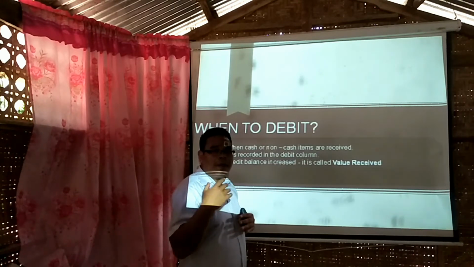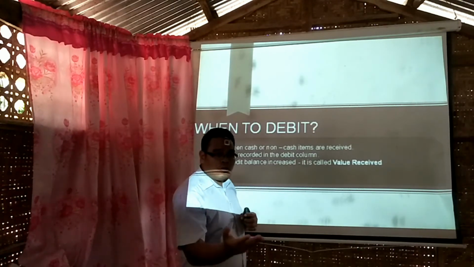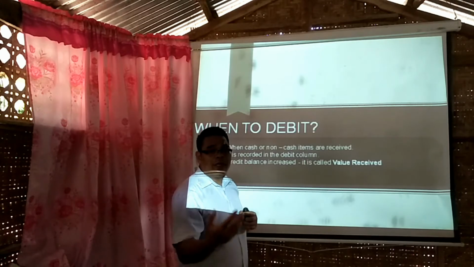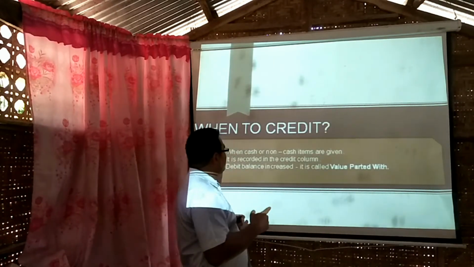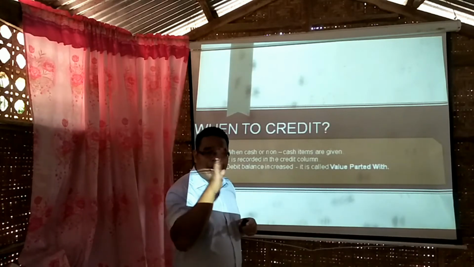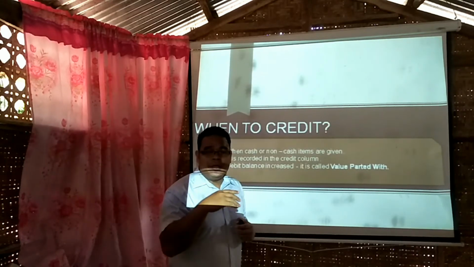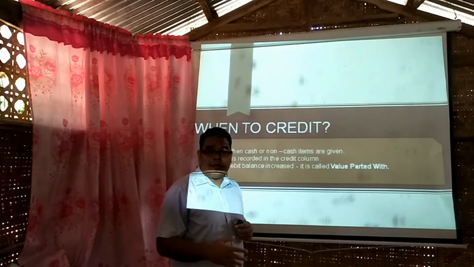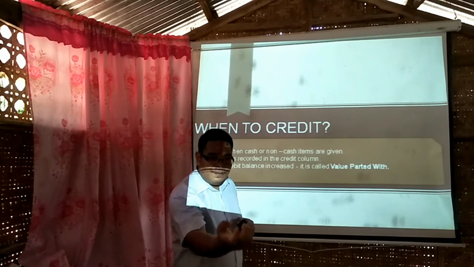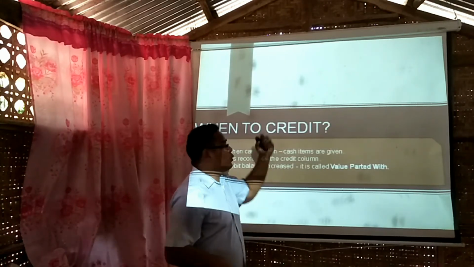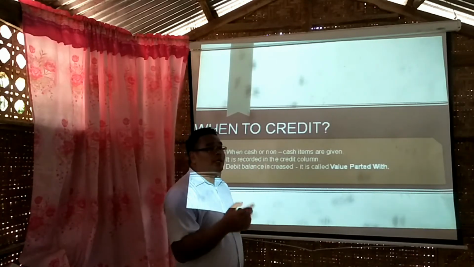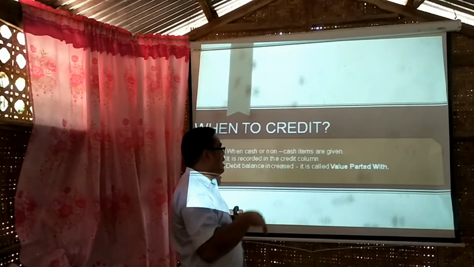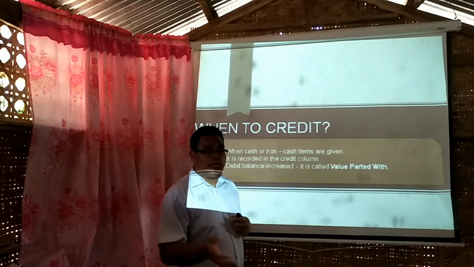If there is something where you need to give out value, it means that it is credit. The value received is what we call the debit, and the value you give to the customers is what we call credit. In other words, credit is when cash or non-cash items are given, and it is recorded in the credit column.